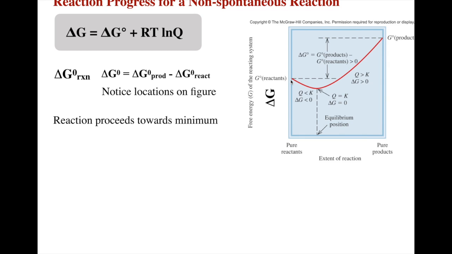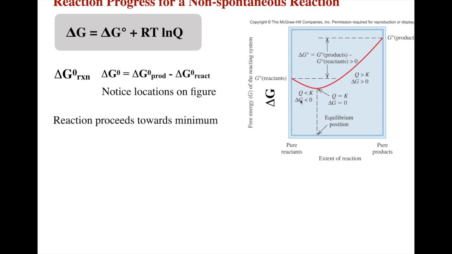If you have something that's no reaction and it doesn't even react a little bit to reach an equilibrium, then the minimum would be right here. But this graph shows that the minimum is not right at the left side of this graph at pure reactants. So when we start out with just pure reactants, delta G is negative and it's spontaneous.